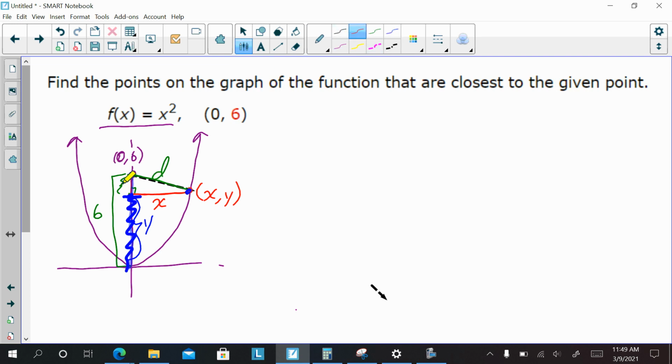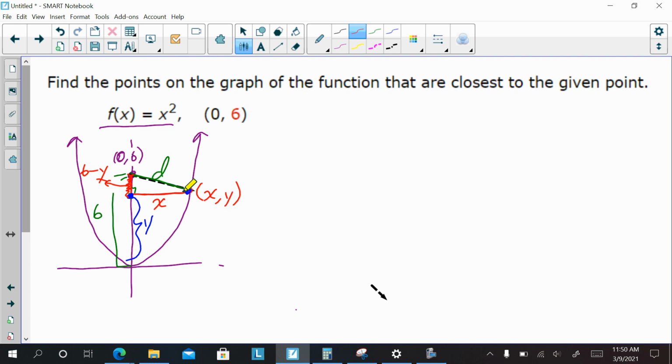So we could write this distance, this side of the triangle, as an expression: that full distance 6 minus that distance, which is whatever y is. So this distance is whatever the x coordinate is at this point. This height is the y coordinate. This total distance is 6, so this distance in here is the total distance, take away this part, so 6 minus y.